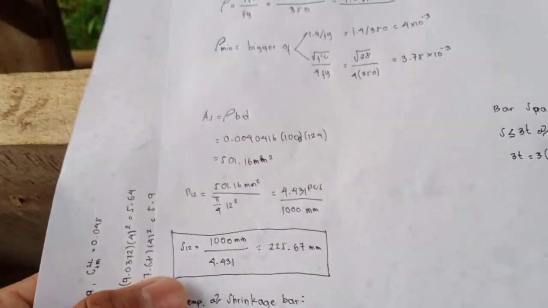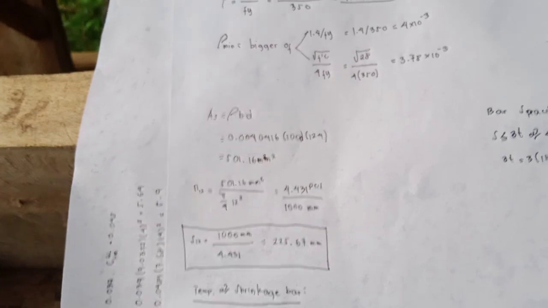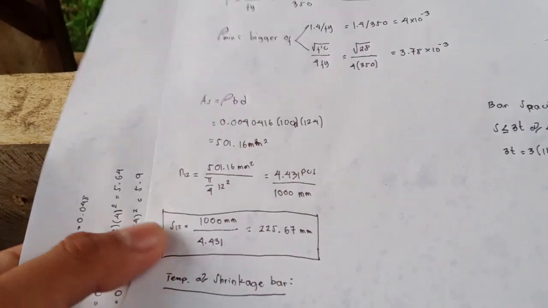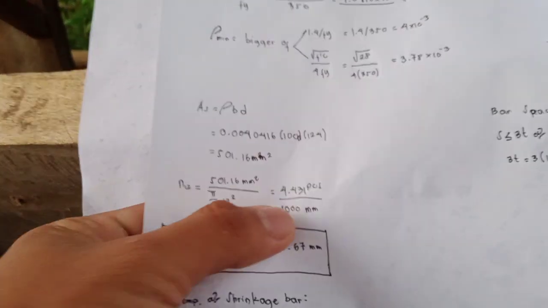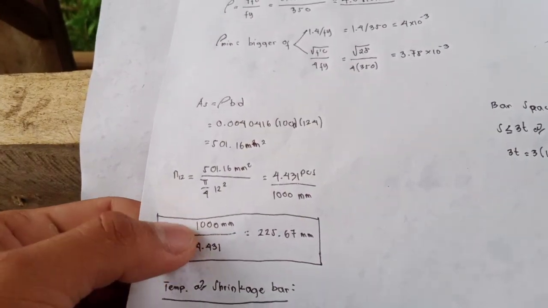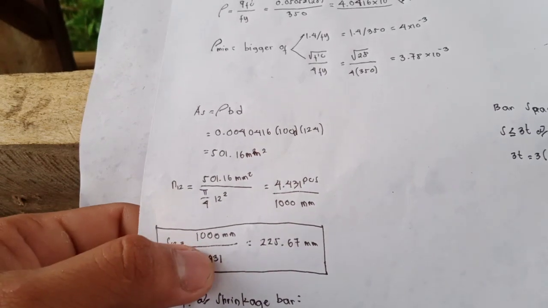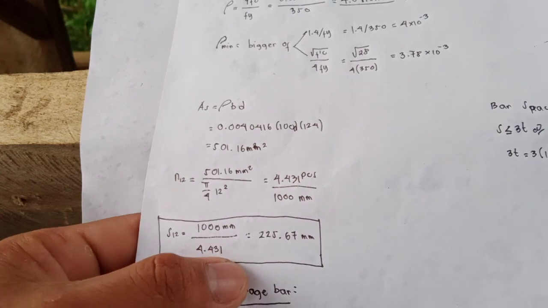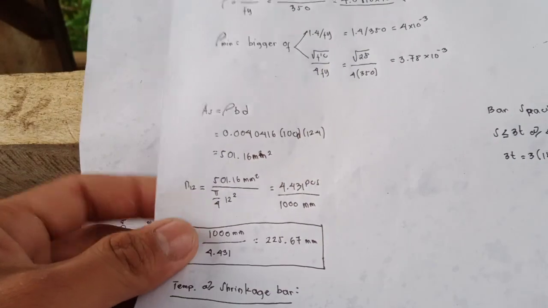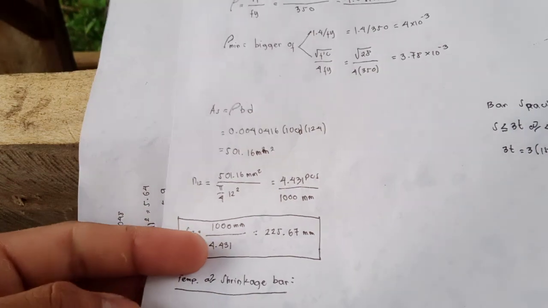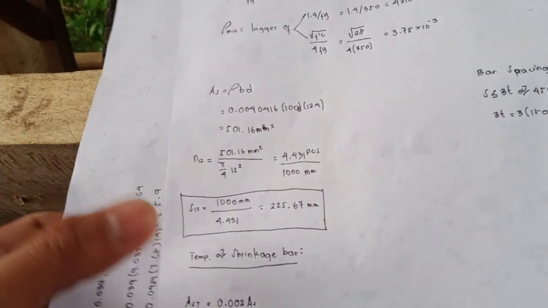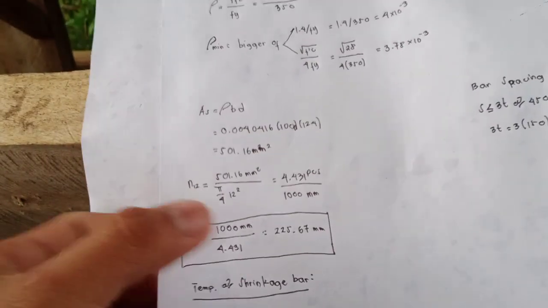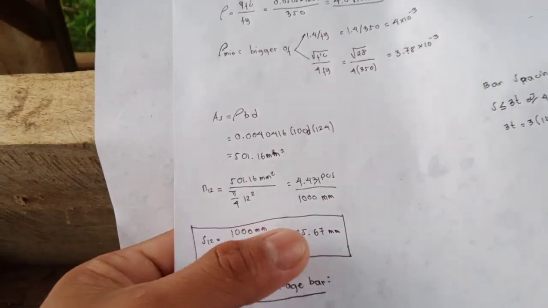So we take the reciprocal: 1000 mm over 4.431, which equals 225.67 mm.